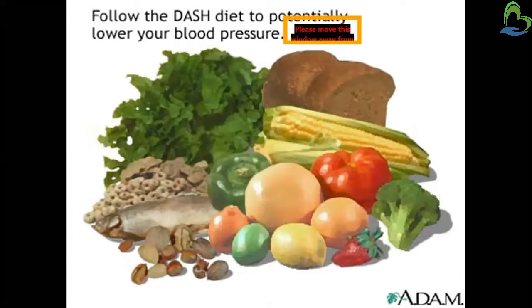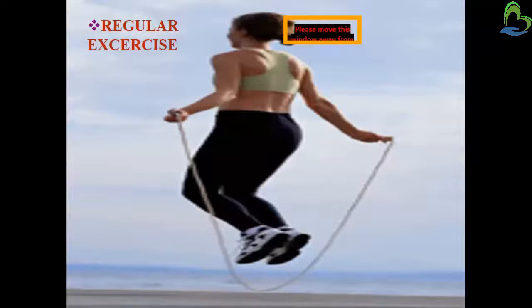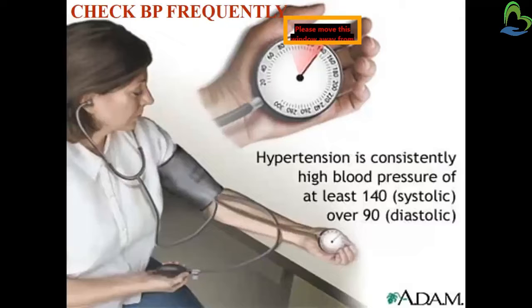Definitely follow the DASH diet to lower the blood pressure. Regular exercise is required. Check the blood pressure frequently, especially when taking antihypertensive medications. Check that levels are managed: the upper range is not more than 140 and the lower range is not more than 90.